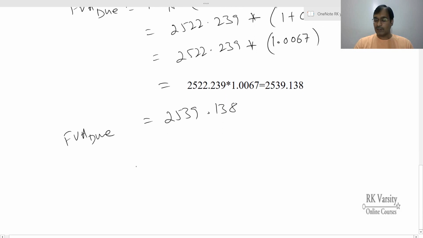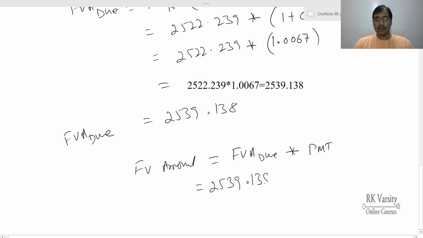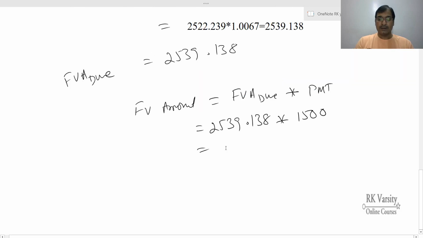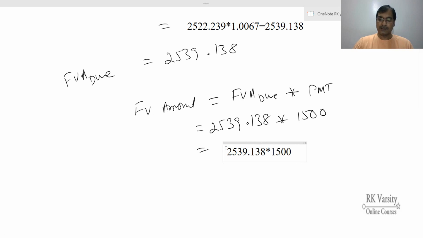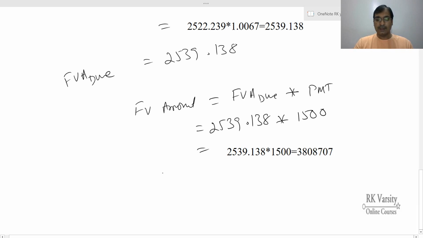Then your future value amount equals future value annuity due times payment. So this is 2539.138 times $1,500, which comes to 3,808,707.